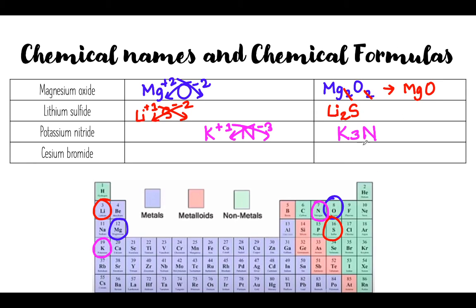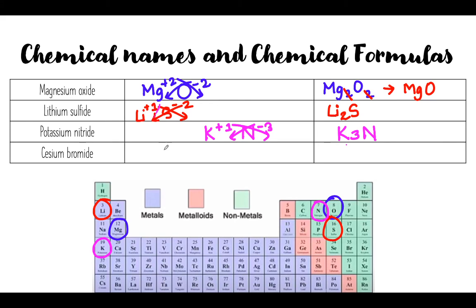And in both this example and the previous example, I had numbers with 1 in them. When I crisscross them, you can write the 1 if you want, but it's more accurate if you don't. If you just leave an element as is without writing a number, we're only talking about one of them. So it's safe for you to write it as Li2S and K3N.